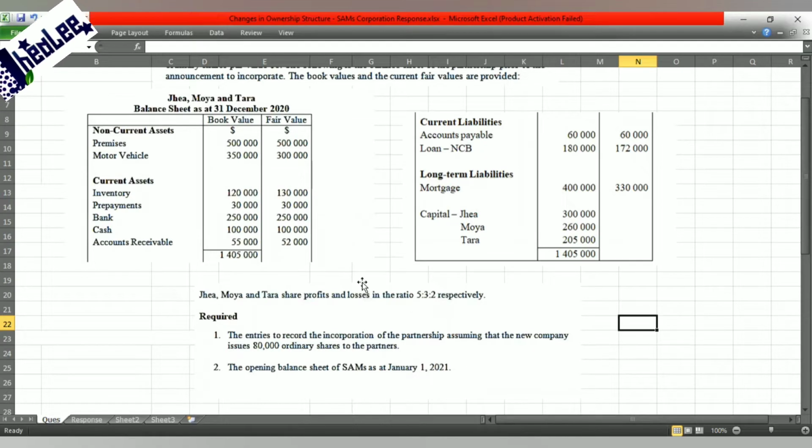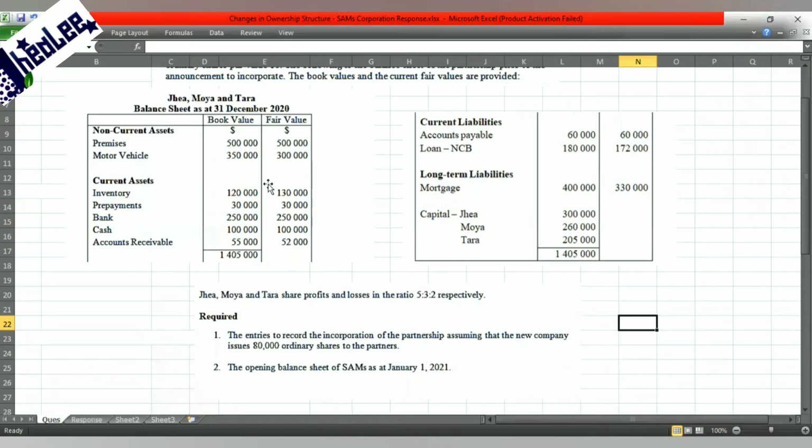So this information right here is important to you, their profit sharing ratio. They're sharing profits in the ratio of 5 to 3 to 2 respectively. In the conversion process, whatever gain or loss is shared among the partners using their profit and loss sharing ratio.